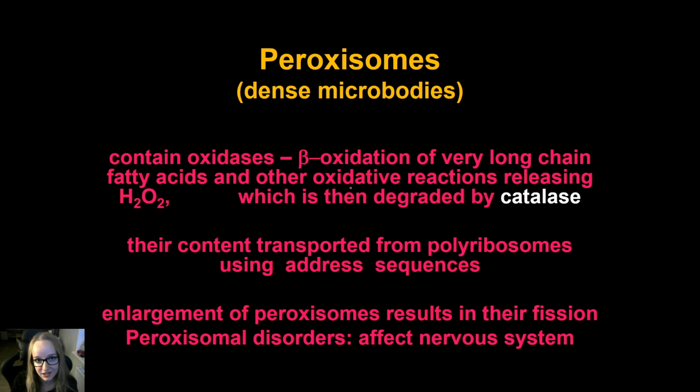Another organelles are peroxisomes. Peroxisomes are the least studied organelles, and they are developmentally very old. These organelles are where oxidative metabolism took place even before there were mitochondria, so they are very old, and they really resemble lysosomes.